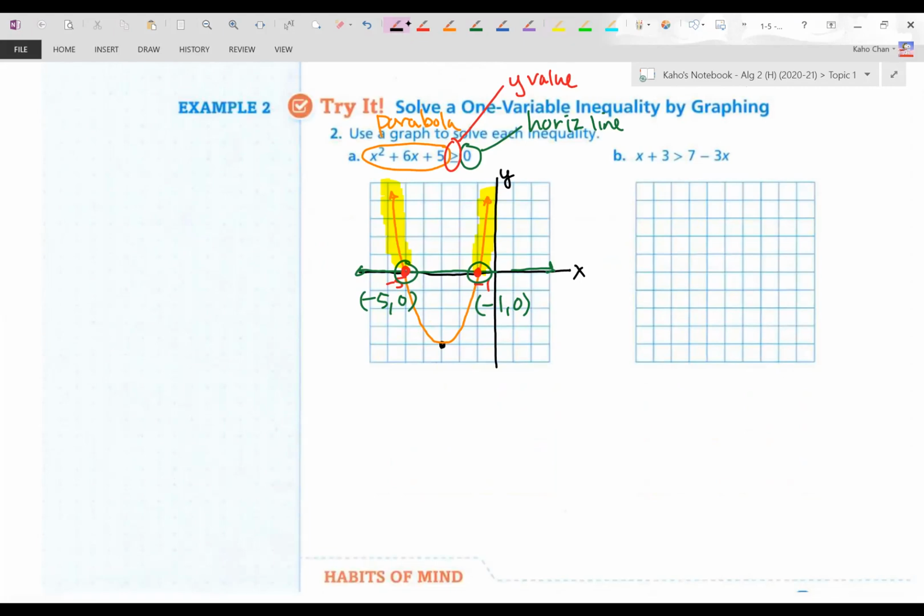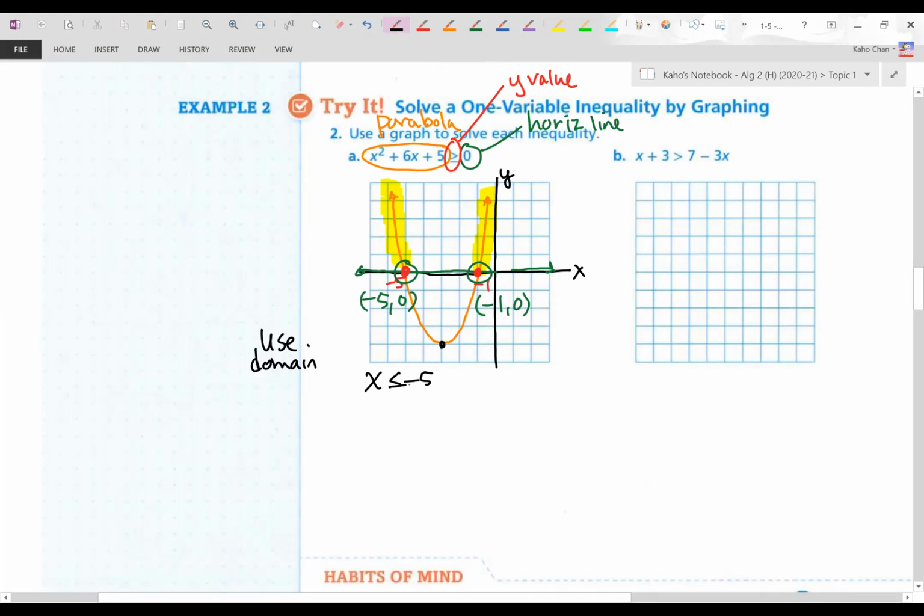This relies on the domain to describe where the portion of the graph of the parabola is above the horizontal line. So let's start with the left piece. That left piece relative to x is where it's going to the left, literally. So that's going to be less than or equal to.